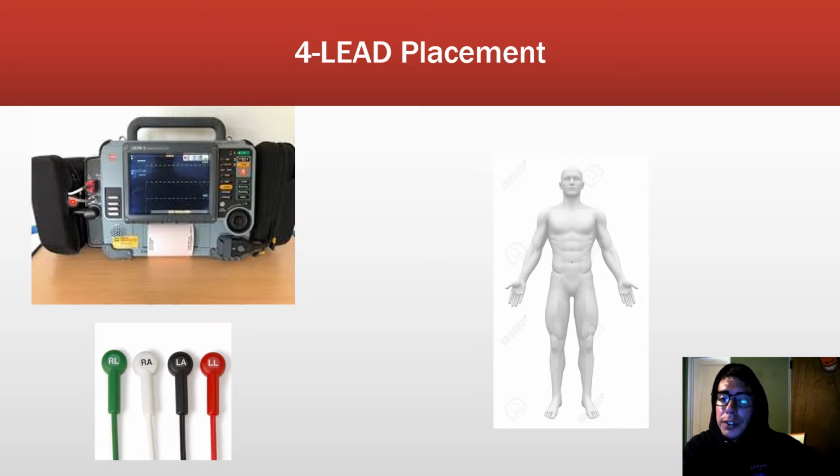So for the sake of documentation and having vital signs every so often, like we're required to, I will use the automated BP cuff, but my first blood pressure and my last blood pressure are always manual. And then if I get any weird numbers in there that are just out of what I would expect based on what I got already manually, then I'll check it manually to confirm.